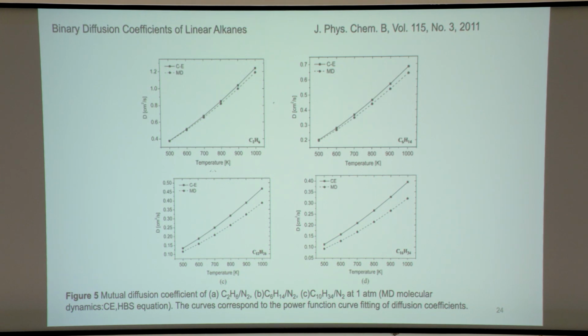And then you ask yourself, does this matter or not? She's showing that the Chapman-Enskog theory worked well when the combustion community was interested in small molecules. Now you're getting interested in larger molecules, and the Chapman-Enskog theory doesn't seem to be as accurate.